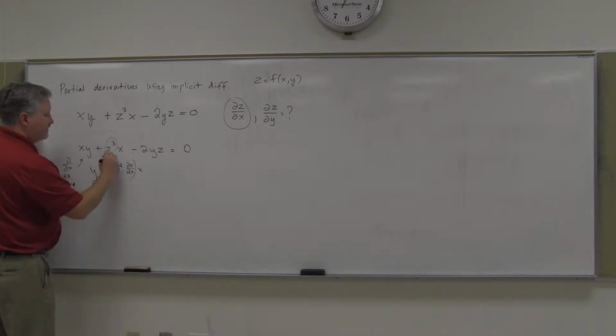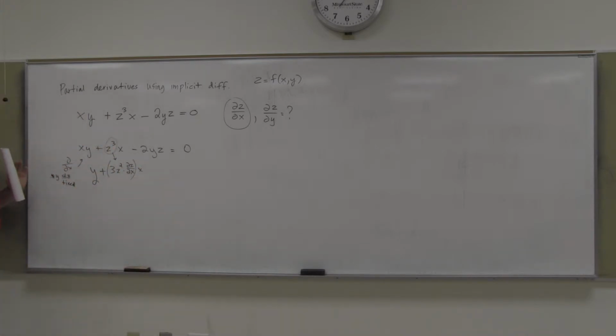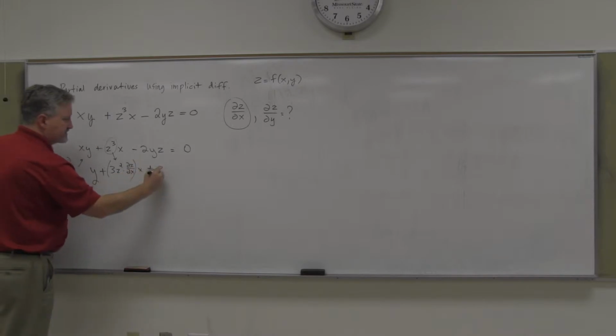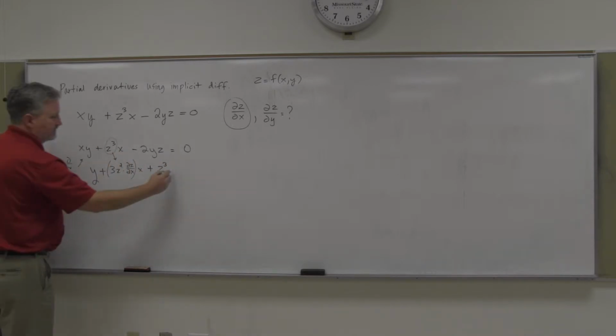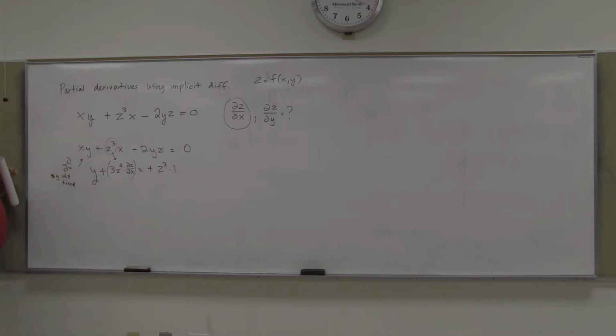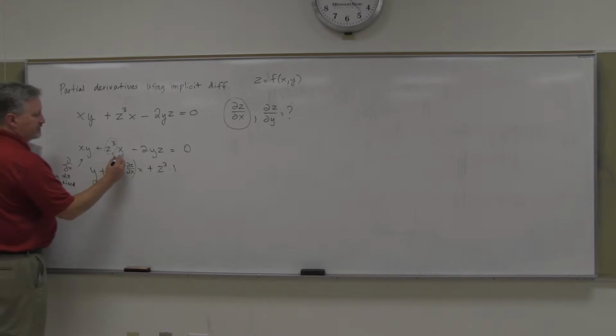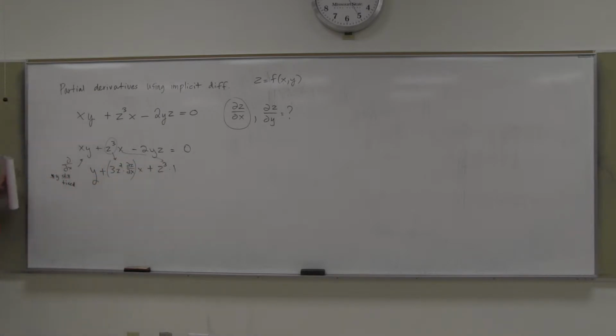So all of that is what comes out of the z cubed derivative. But like I said, there's a product rule, so I have to then do z cubed times the derivative of x with respect to x. Well, it's an x, so it's just 1. All of this comes out of that one term.